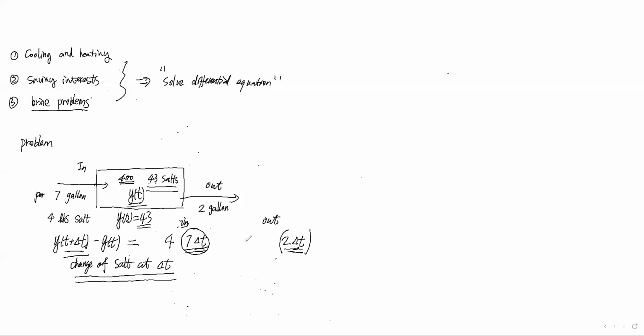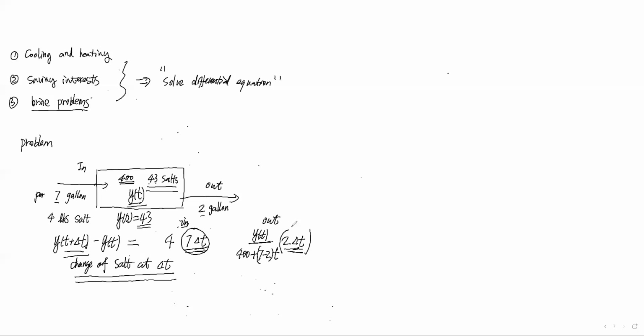So this time it's complicated. We have to first know how much salt we have at this time. So we have salt y(t) because at time t, right? And then how much water or brine do we have? At the beginning we have 400. We have already gone through a period of time t. Every minute we have 7 in, 2 out. So it's 7 minus 2, and then multiply by t.